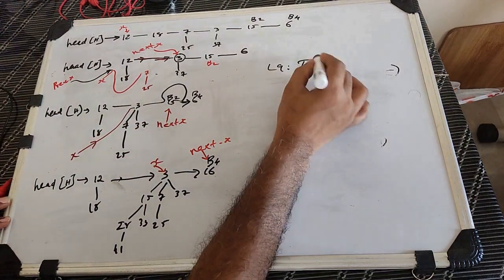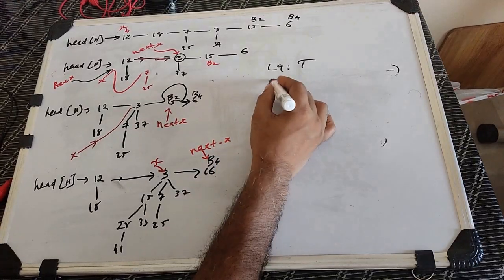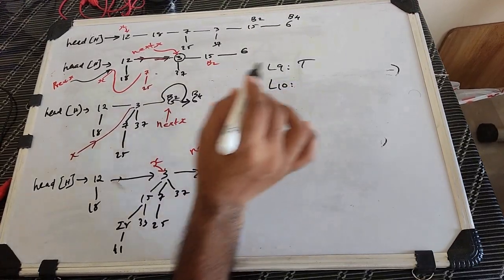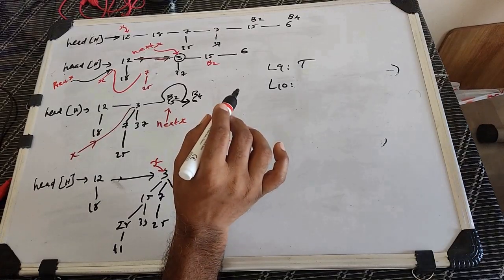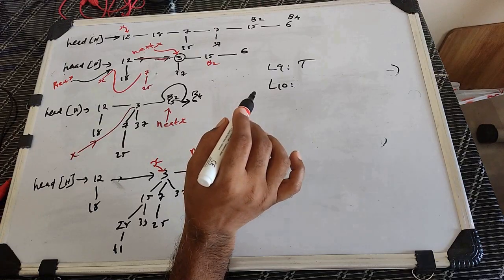Okay, this is true. Next x is not equal to null, and we are on line number 10. Line number 10, degree of x not equal to degree of next x.